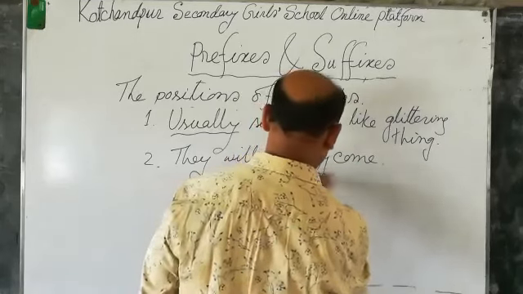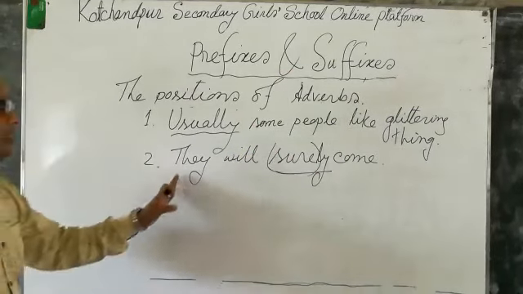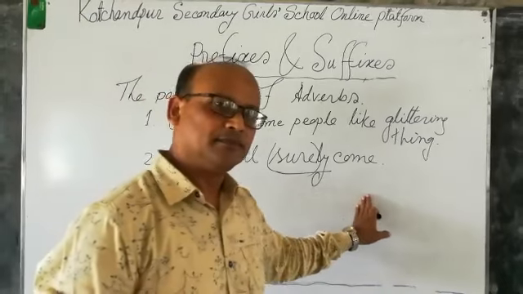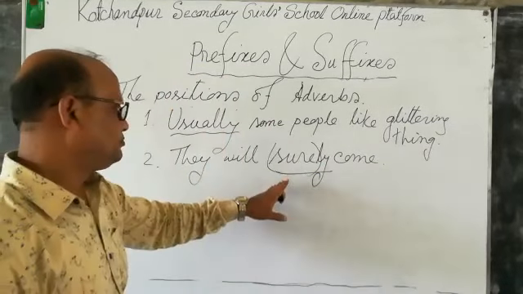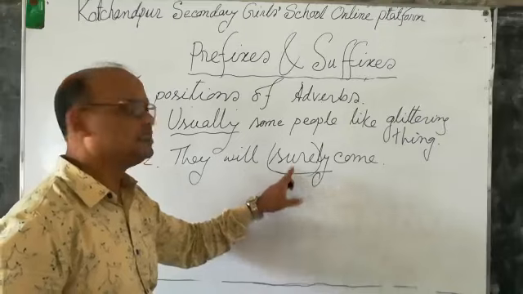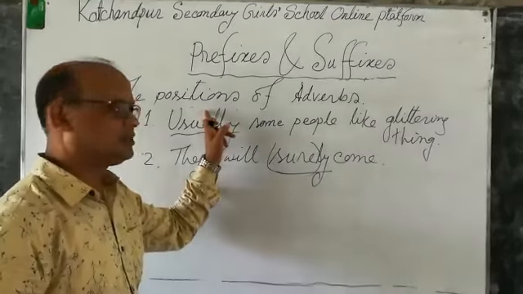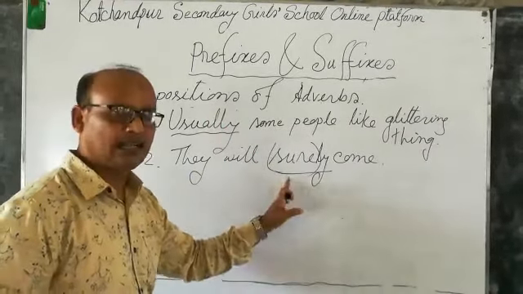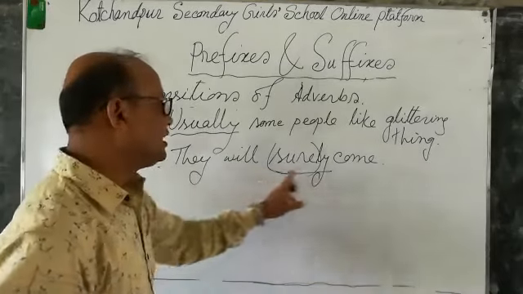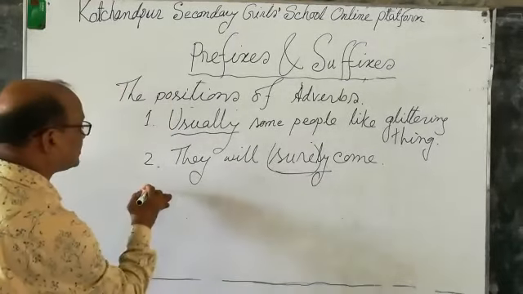I'm writing here. They will surely come. So, adverb is used in the middle. So, at first of the sentence, and secondly, in the middle of a sentence, and last.